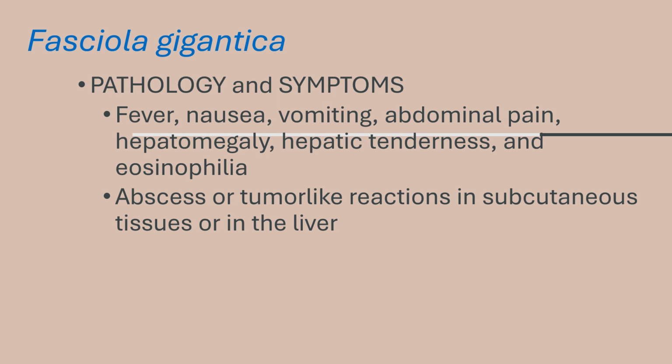During this time, patients may experience fever, nausea, vomiting, abdominal pain, hepatomegaly, hepatic tenderness, and eosinophilia. Please note also that abscess or tumor-like reactions may be present in the subcapsular tissues of the liver.